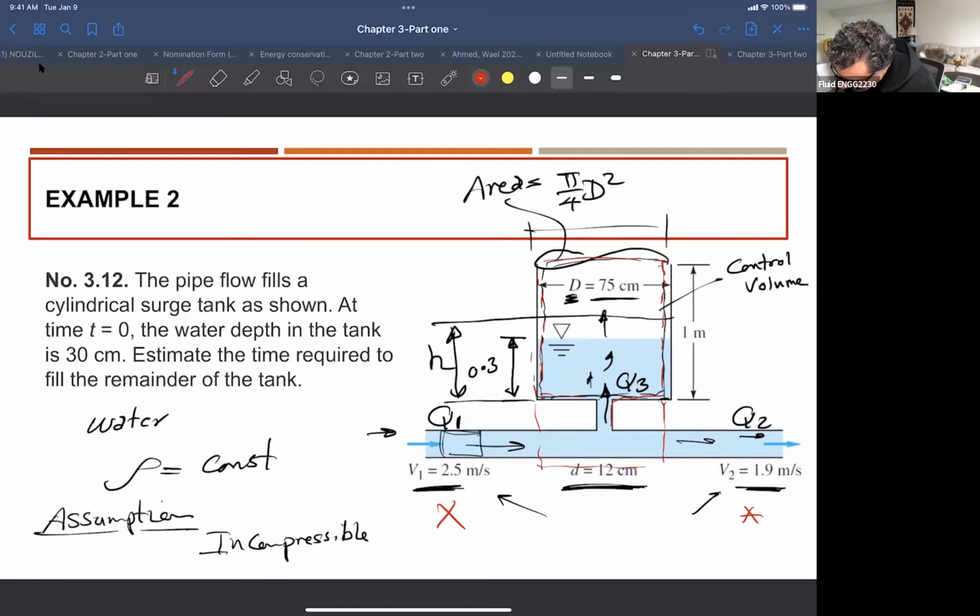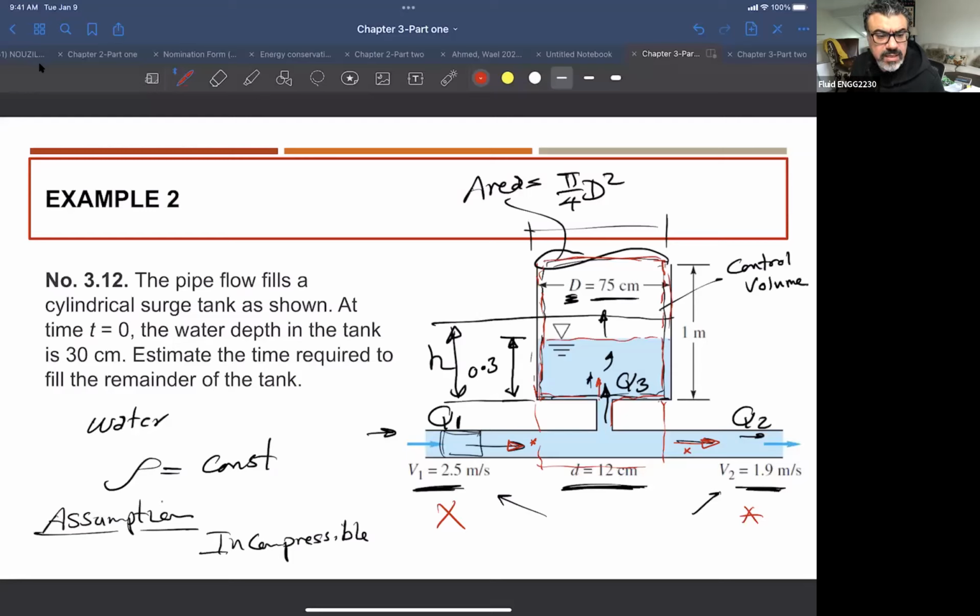Yes, there is steady flow coming in here, and steady flow going out here, but there are some differences between this flow and this flow that is supplying this tank. And the system I'm considering here is the fluid level inside this tank, right? So within my control volume, there is an accumulation of mass in the tank. That's why we have to consider this accumulation.